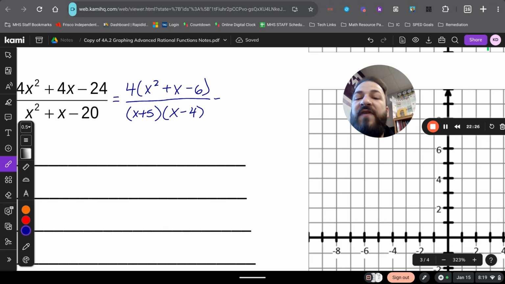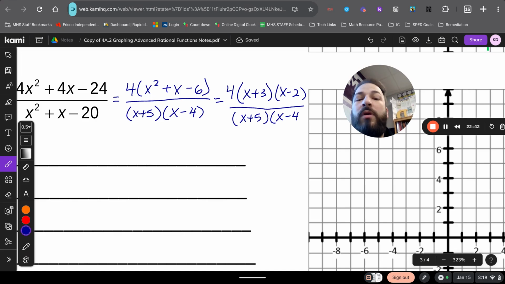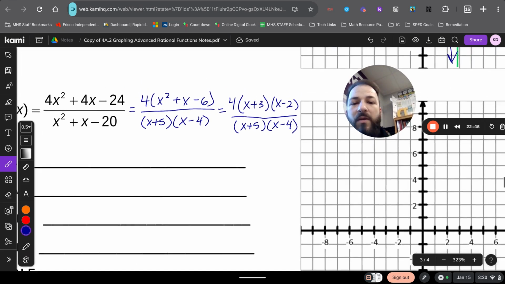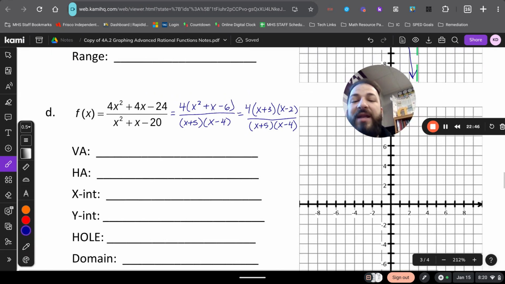So this will fully factor into 4 times x plus 3 times x minus 2, all over x plus 5 and x minus 4. All right, and now that I have fully factored the top and the bottom, I'm not going to get any factors to cancel out, so that is my fully simplified rational function.